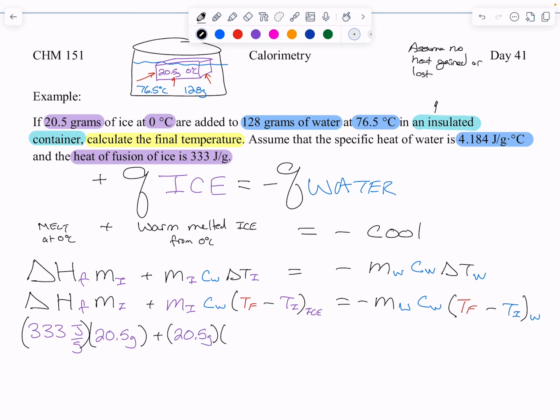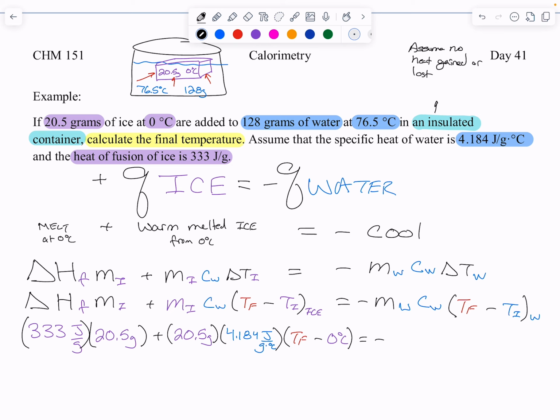Specific heat, now it's liquid water, 4.184 joules per gram degrees Celsius. The final temperature minus the initial temperature was 0. How nice. It's ice. So that's the left side.